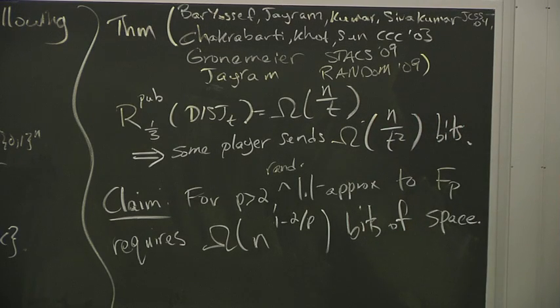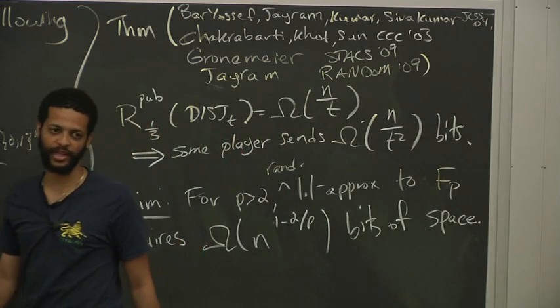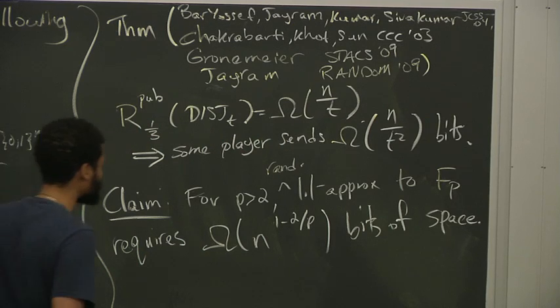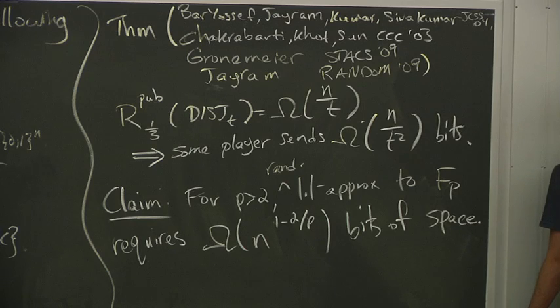And that was one of the motivations for the Bar-Yossef et al. paper, why they were looking at this problem, to get a good lower bound for this. And the proof of that: set t to, let's say, 2n to the 1 over p.